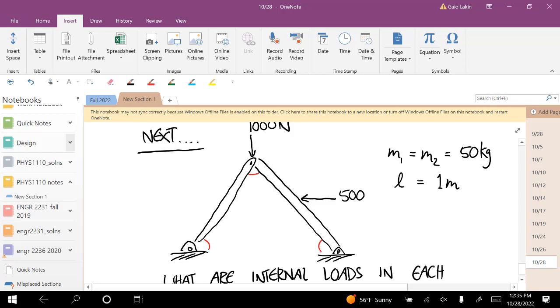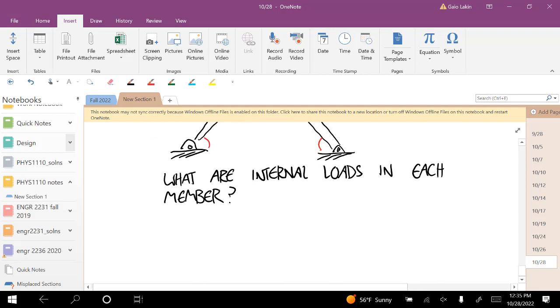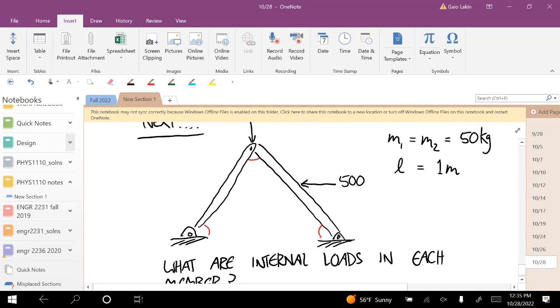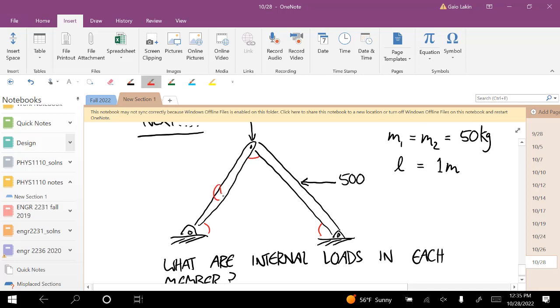And then for this one, depending on which side you're thinking of, let's say you want to use a coordinate system like this. And so if I number these, let's call this member 1 and this member 2.